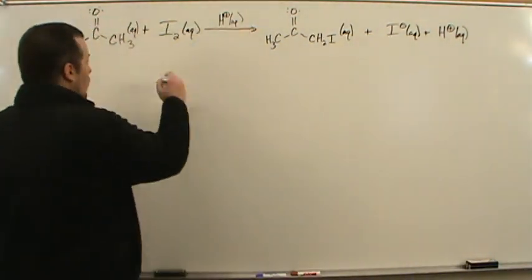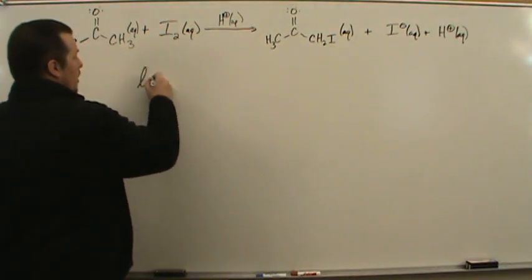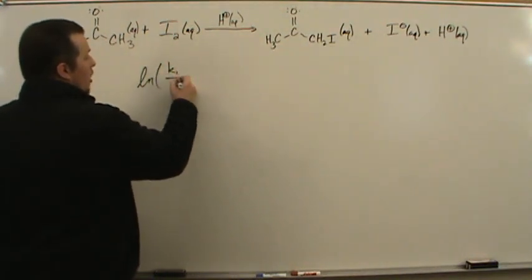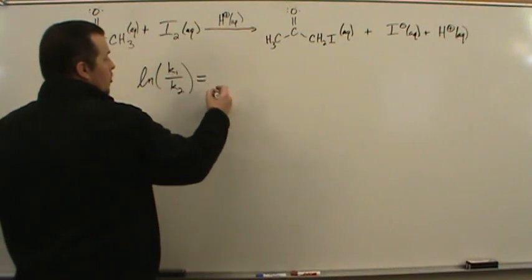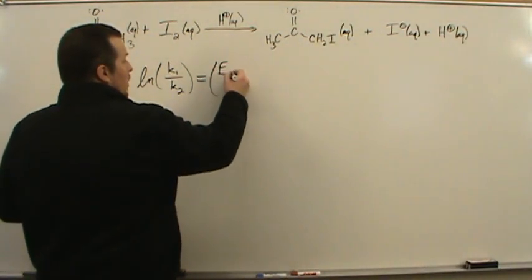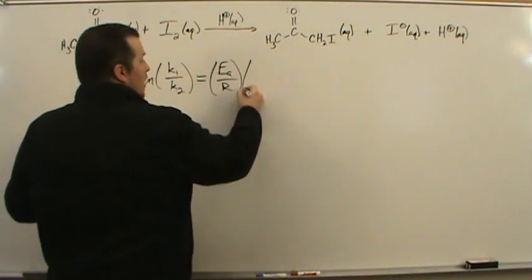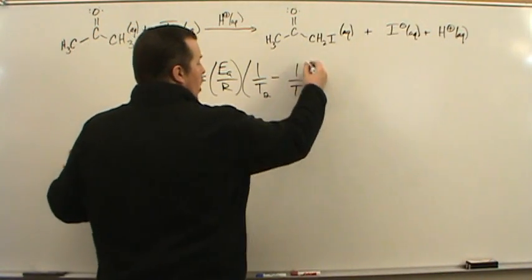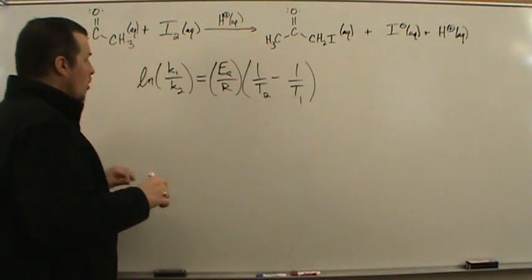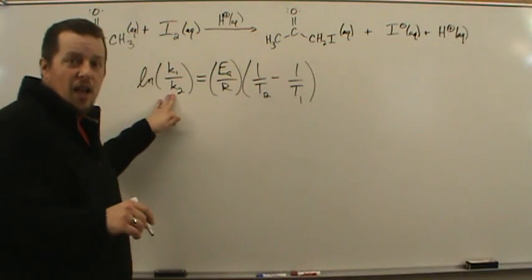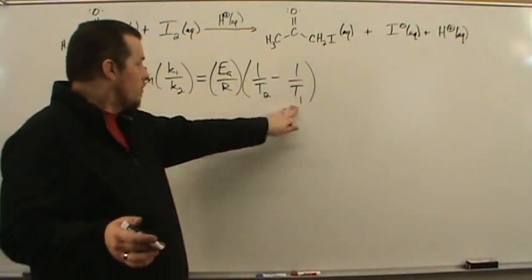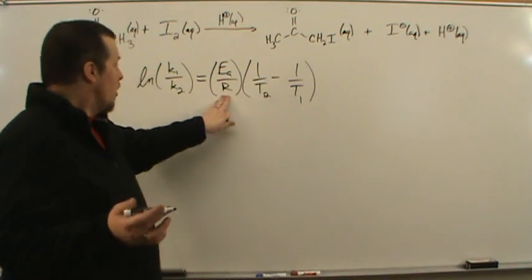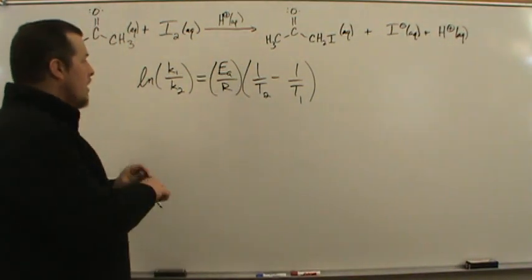So comparative form of the Arrhenius equation, natural log of K1 over K2 is equal to EA over R times 1 over T2 minus 1 over T1. We can calculate a K for each temperature condition. We've got T, that's our temperature. R is a constant. We can calculate EA.